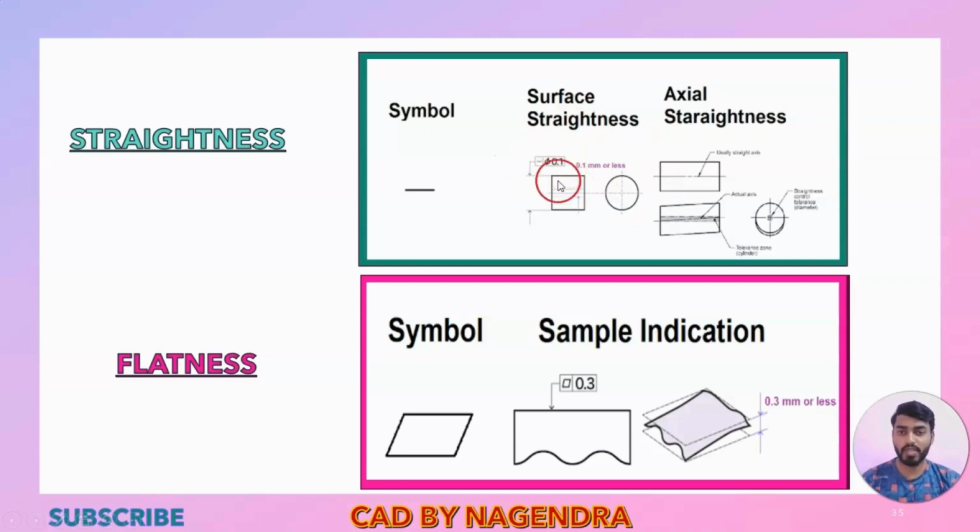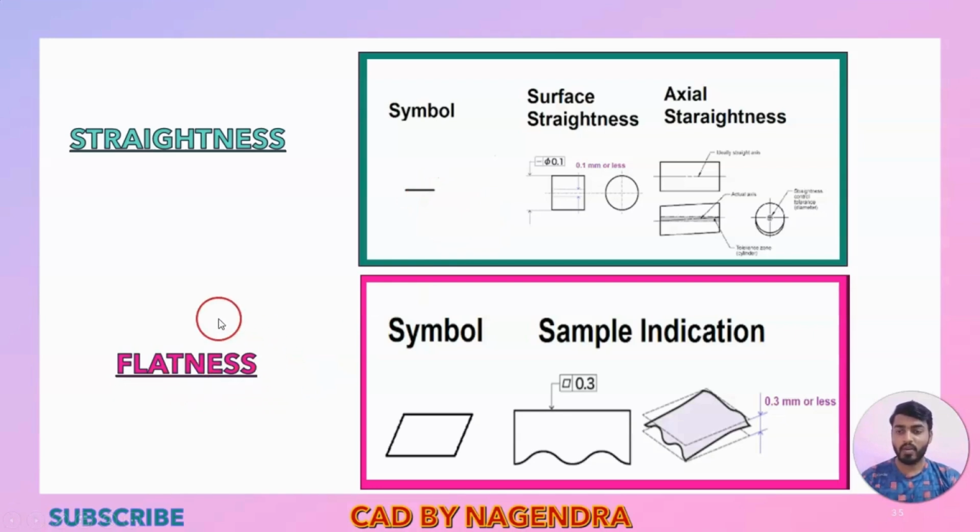If we cannot produce the accurate dimension or accurate diameter, maybe because of machine error or tool error, then whatever tolerance value we maintain here, we need to manufacture this part within that. So that is about straightness, when we want something exactly straight.